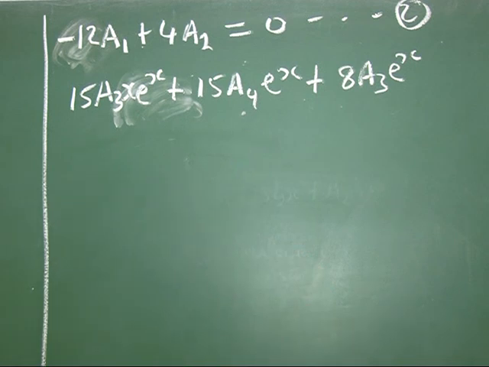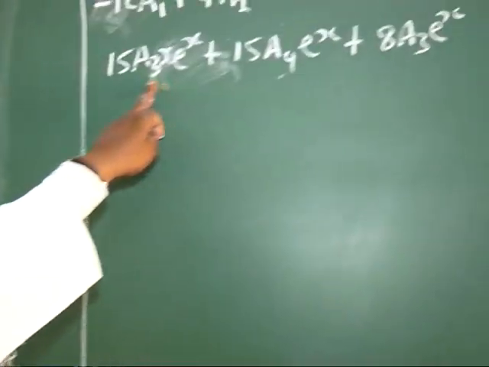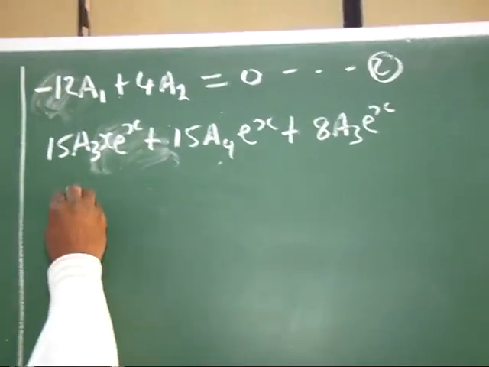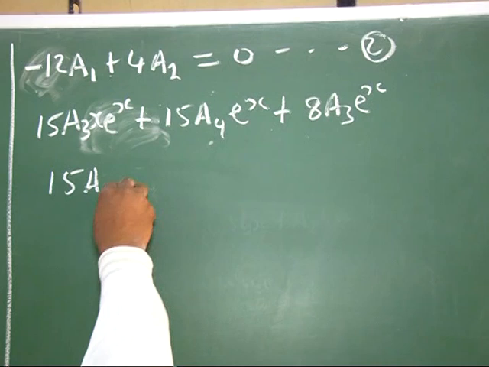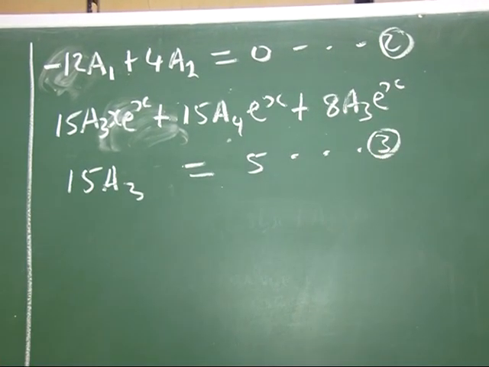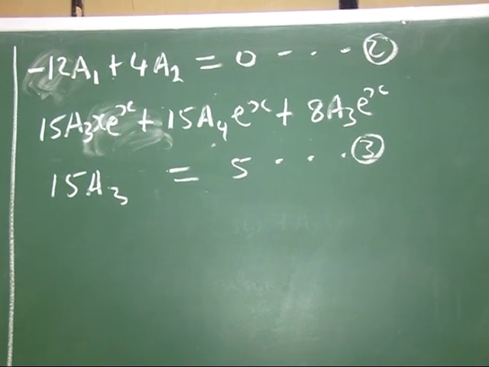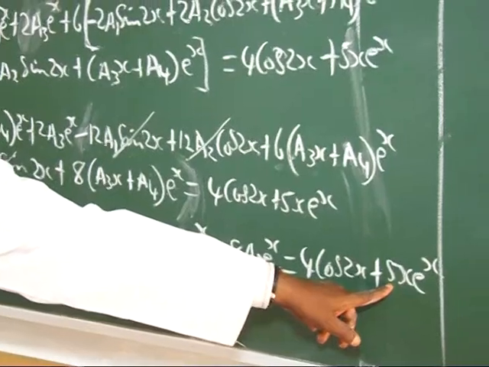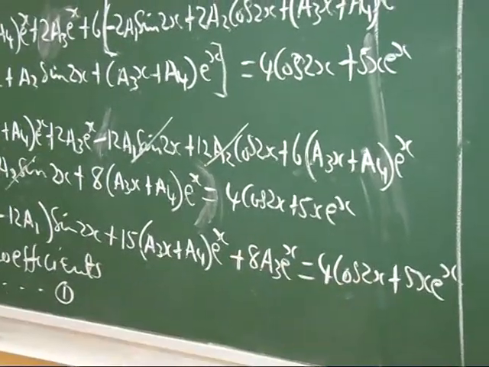Now, comparing that, we see that for x exponential x, this is the only thing that we have. So we can now see that 15a3 is equal to 5, that is equation 3. That is because the coefficient of x exponential x is 5 for the right hand side.